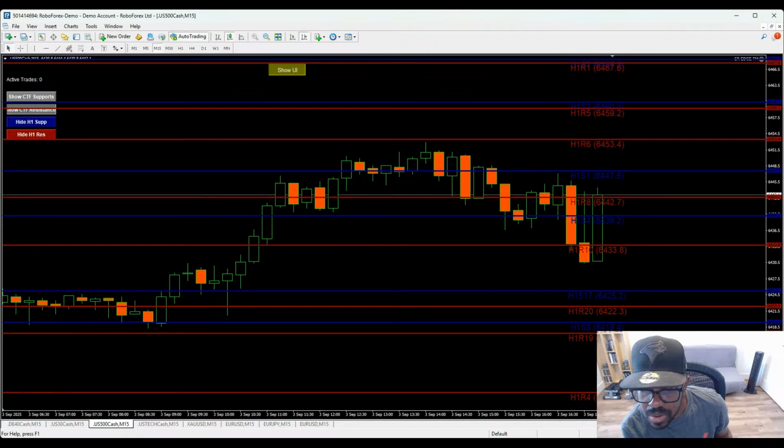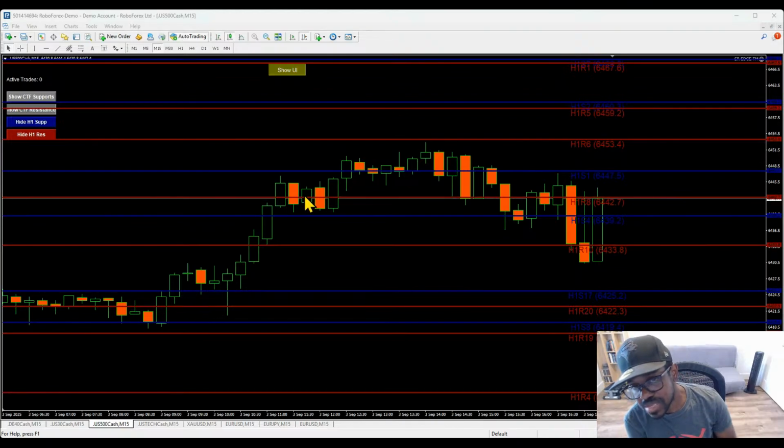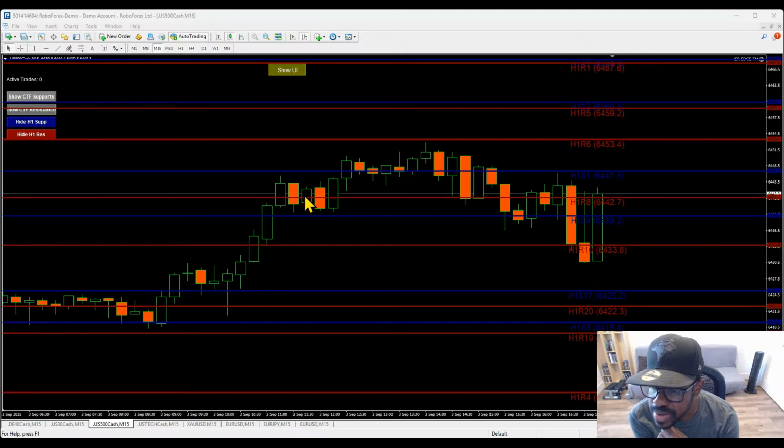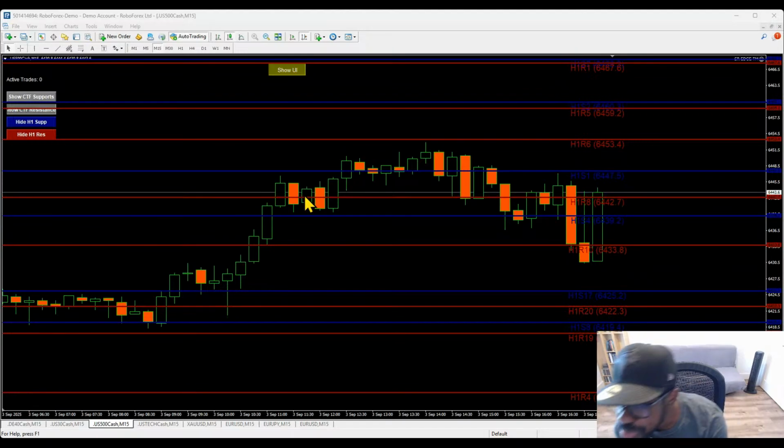But for the indices, it's better to take those entries at the start of the market open, because this is where you have more movement here in the market.